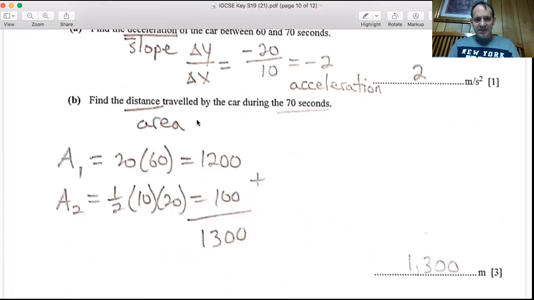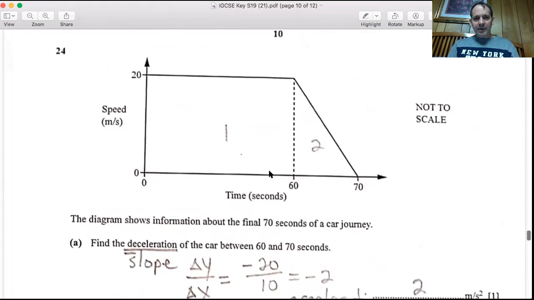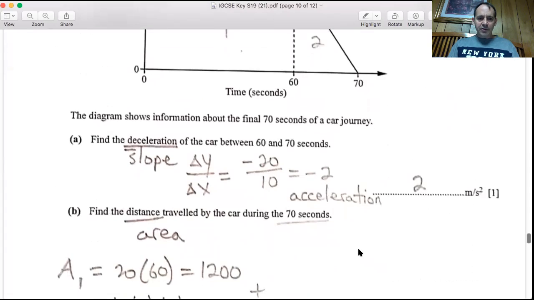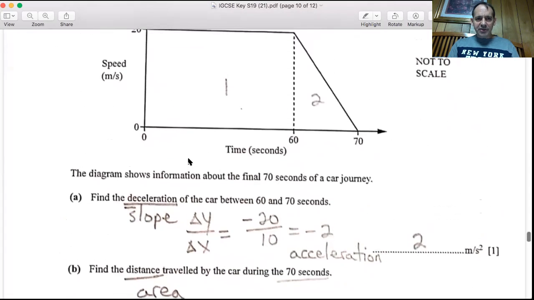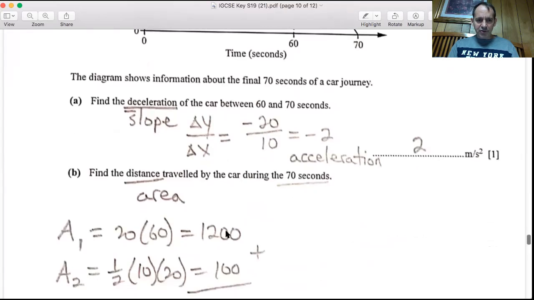Now find the distance traveled by the car during the entire 70 seconds. Remember, distance is the area under the graph. So that's why I have a 1 and 2 here. 1 is for the area of this rectangle and 2 is for the area of the triangle. So for the rectangle, it's just 20 times 60, which is 1,200.